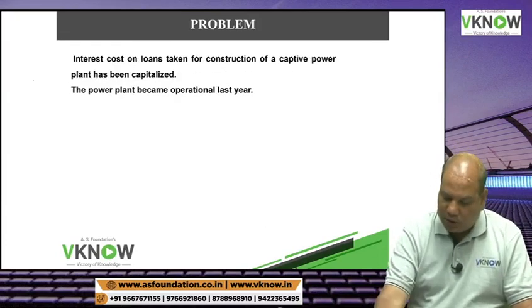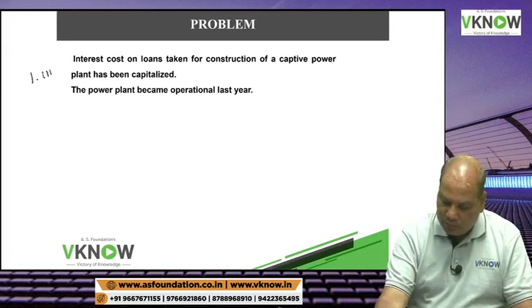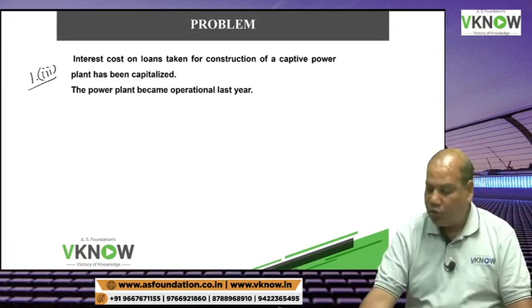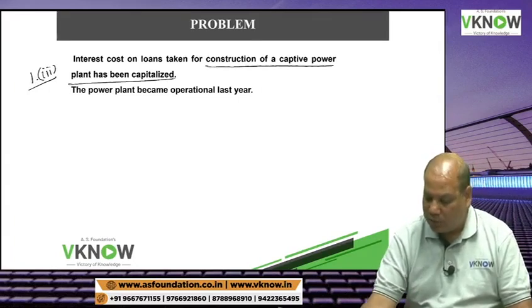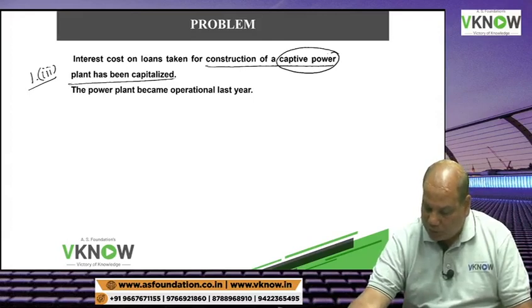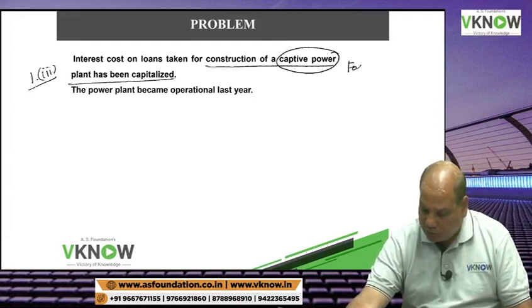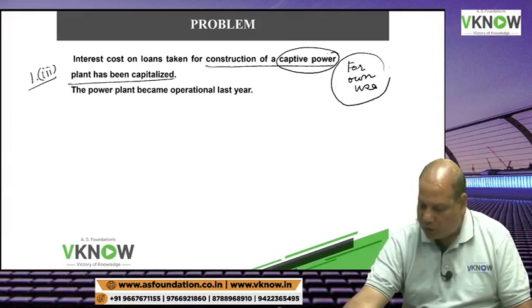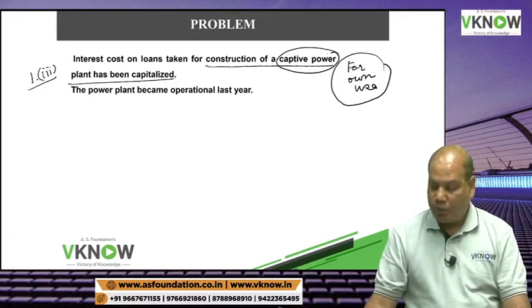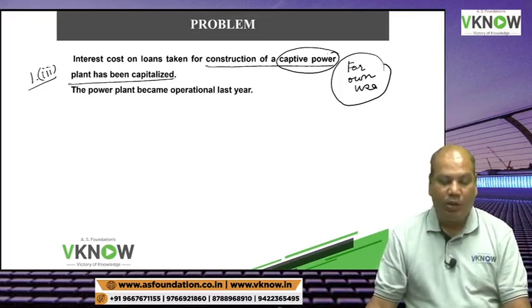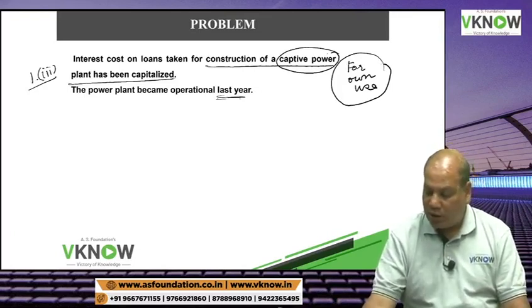Third question, part 3. Interest cost on loan taken for construction of a captive power plant has been capitalized. Captive power plant means for own use. The power plant became operational last year.